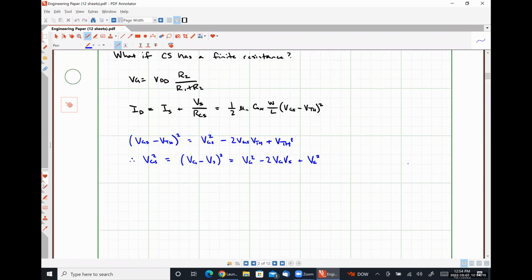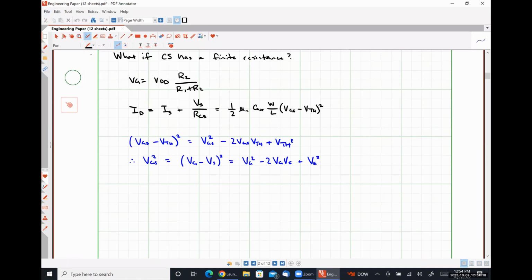All right, so circling back around here, we have 1/2 mu n C ox W over L times VG minus VS minus VTH quantity squared is equal to IS plus VS over RCS.